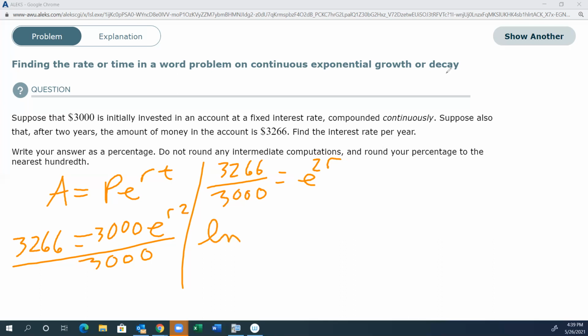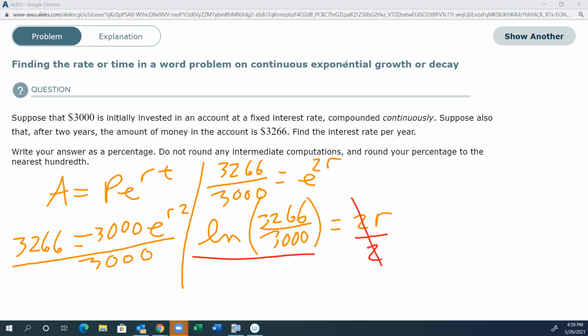So log base e of 3,266 over 3,000 equals 2r. Divide both sides by 2. And there's the answer, if we wanted just the exact answer, but nobody's going to use that in finance, so let's not.